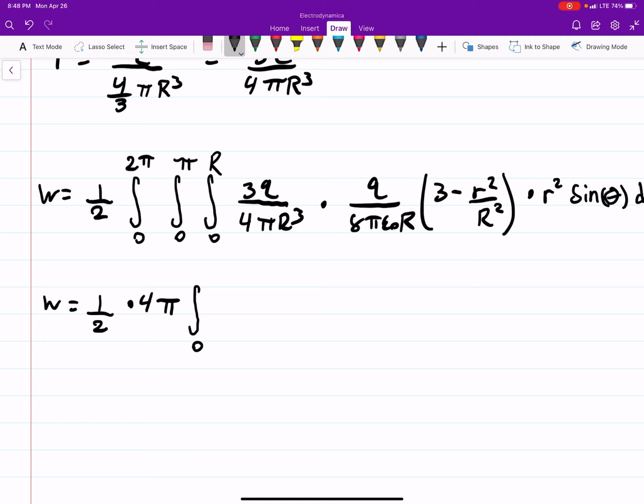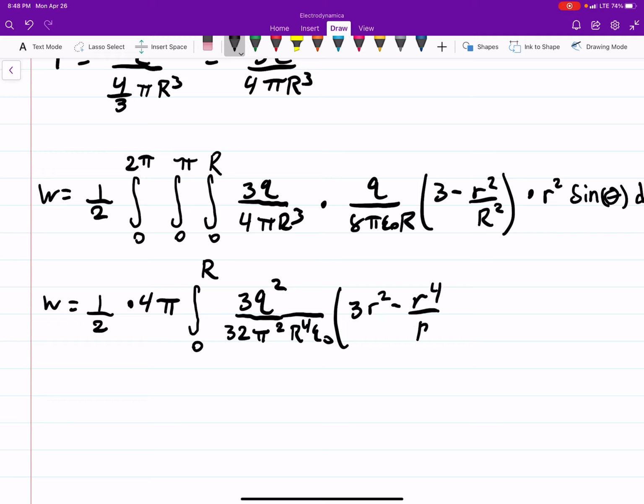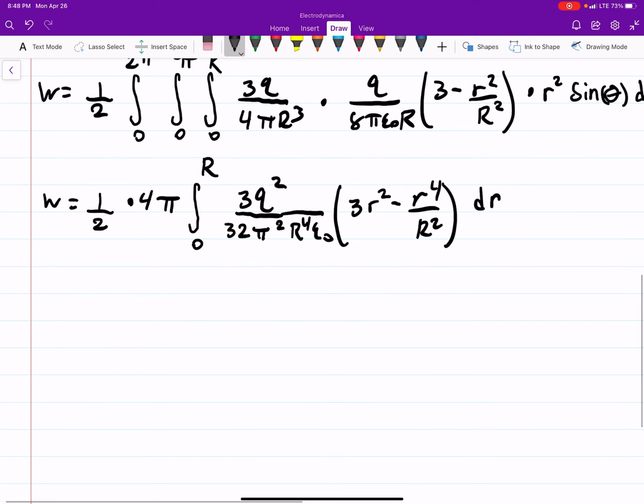And then it turns into an integral of just dr, which is 3Q squared over 4 times 8 is 32 pi squared R to the 4th epsilon naught, times 3R squared minus r to the 4th over R squared dr. Okay, so let's simplify this a little bit.